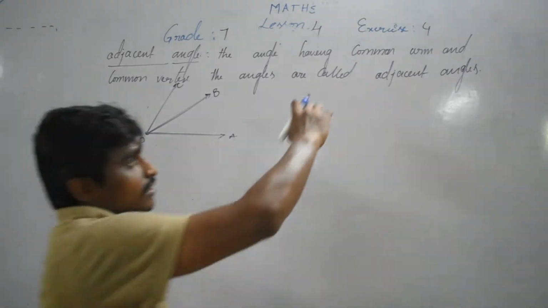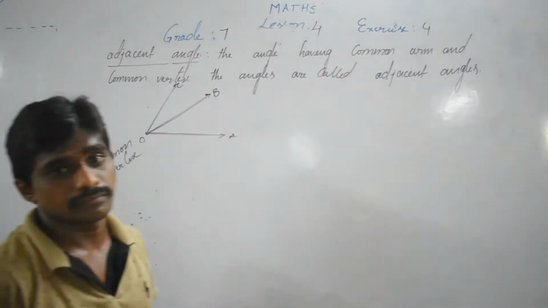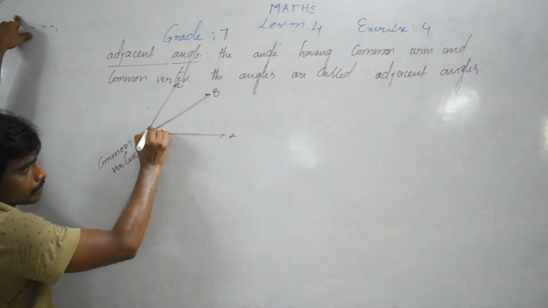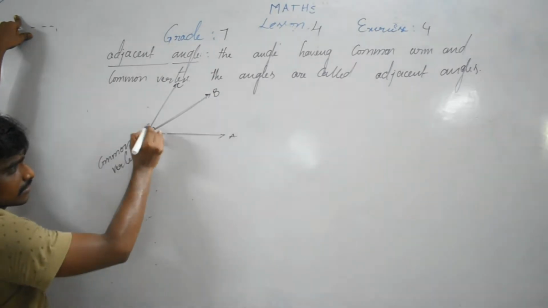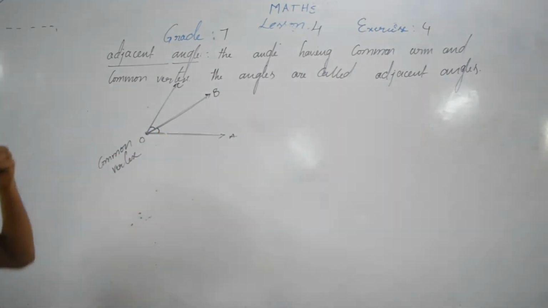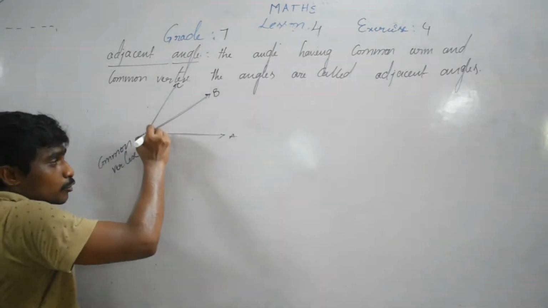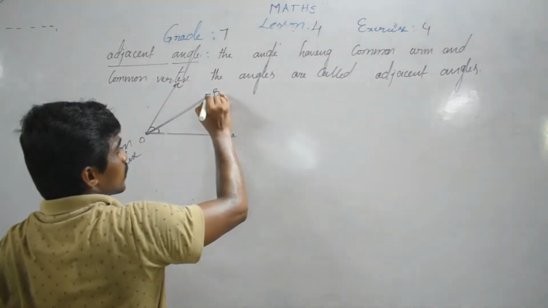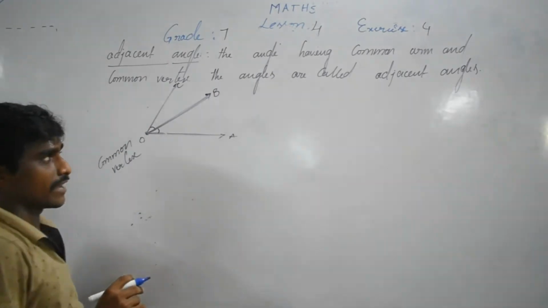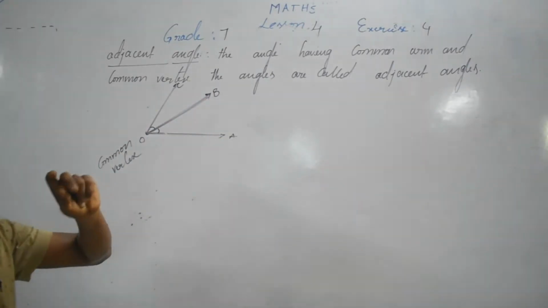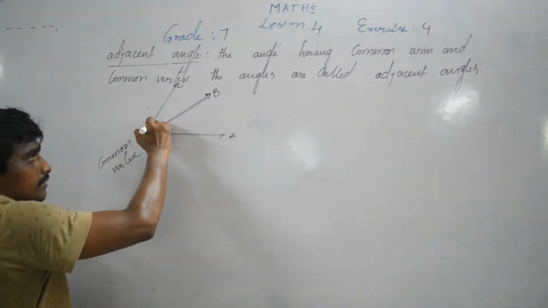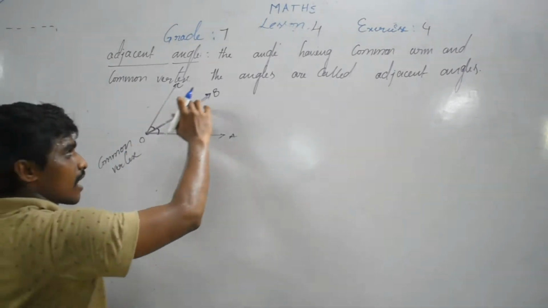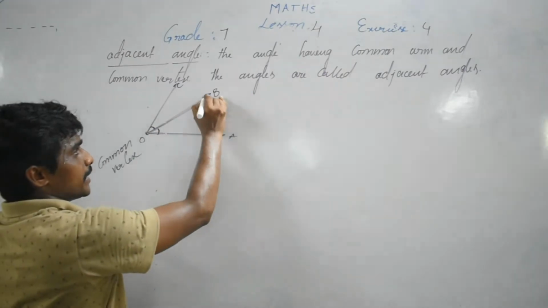Next one, the common arm. So here see, this is one angle, this is one angle. These two angles have a common ray, ray OB. Now clear? See, this is one angle, this is one angle, but here the common ray is OB.